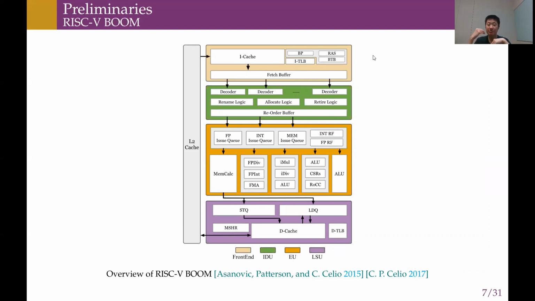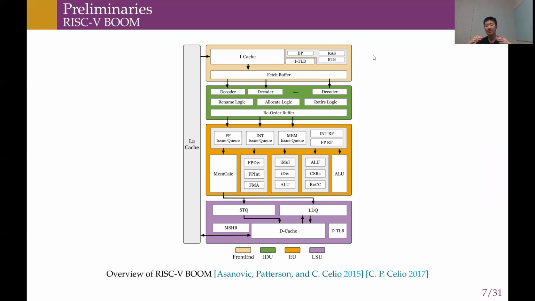As you can see in this figure, the BOOM architecture can be decomposed into 4 different parts. The fetch unit fetches instructions from the I-cache and puts these instructions into the fetch buffer. And the fetch buffer is a buffer that can decouple the front end and the instruction decoding unit. And in the IDU, we can equip different numbers of decoders and logics.